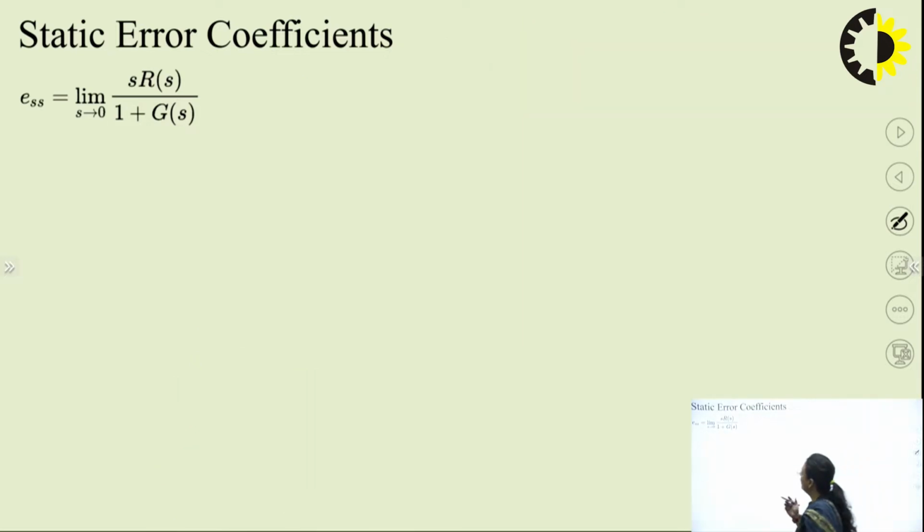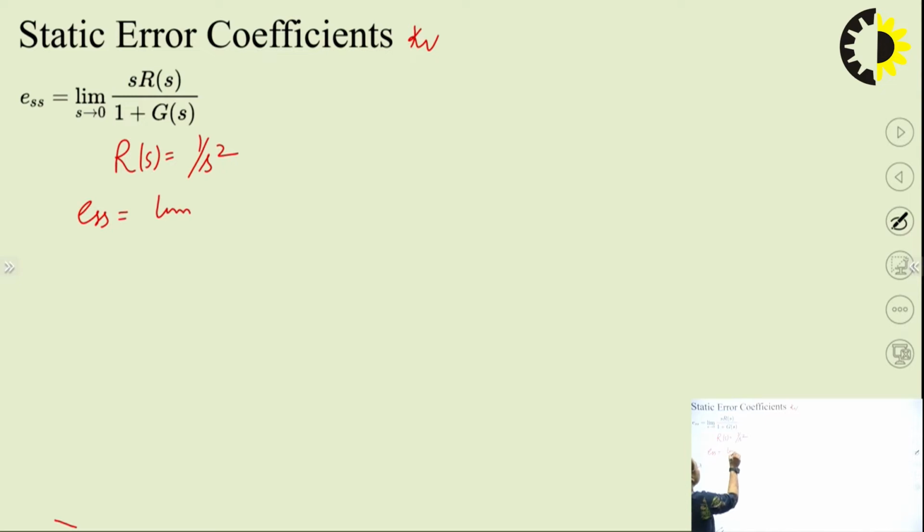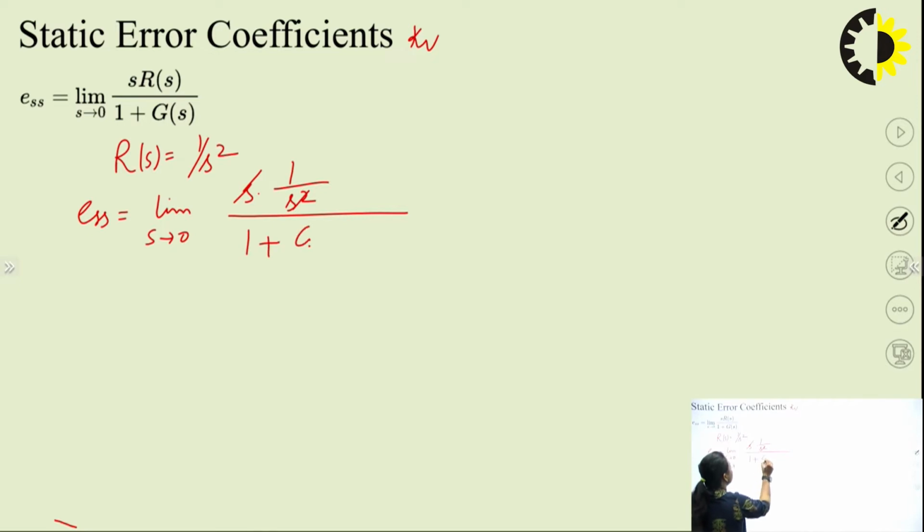Similarly, I can find out the value of the velocity error coefficient, that is Kv, for the unit ramp input. Rs for the unit ramp input will be 1 upon s square. If I put the value of Rs in the above equation, we get limit s tends to 0 of 1 upon s square; this s gets cancelled here, and this is 1 plus Gs.